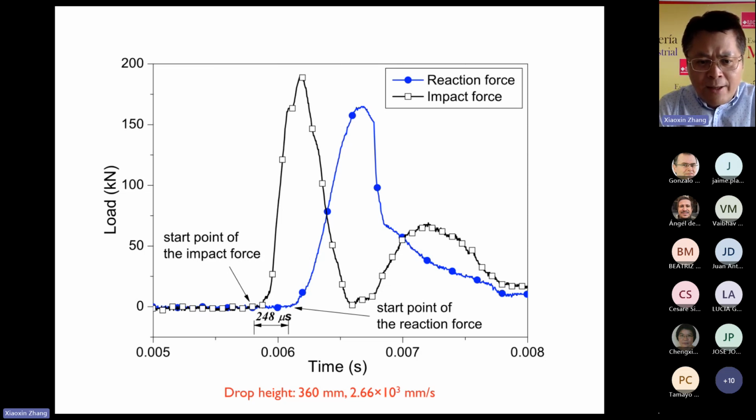Because the depth of the specimen is 150 millimeter, you have a delay of 248 microseconds, just because the stress wave needs some time to travel from the impact point to the support point. By the way, this slide shows the drop height of 360 millimeter, and the corresponding loading rate is 2.66 meter per second.